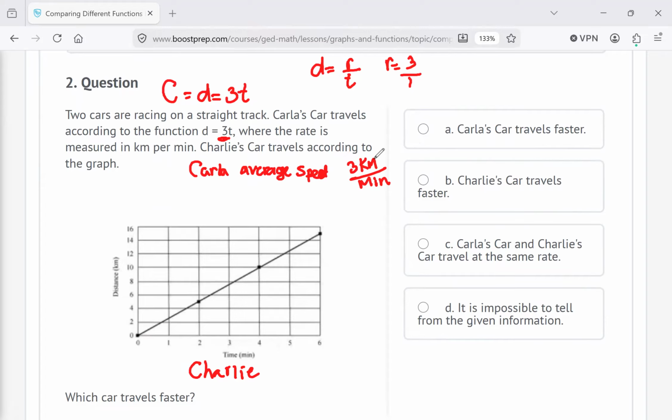And then Charlie. We know that distance equals rate times time, and we want to know the rate. So what you've got to do is isolate r before we plug in any value. This is for Charlie. Solve for r: I'm going to divide both sides by t, so I get r equals d over t. Then pick a point, it doesn't matter which one.